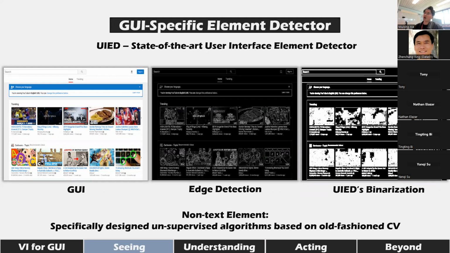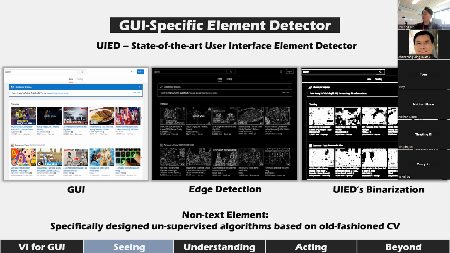So, for example, the first image is a GUI, and the second is the edge detection result by some popular old-fashioned image processing algorithms, Canny or Sobel, which is really messy here, right?